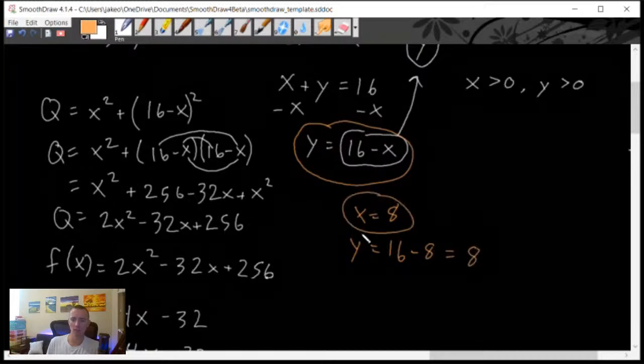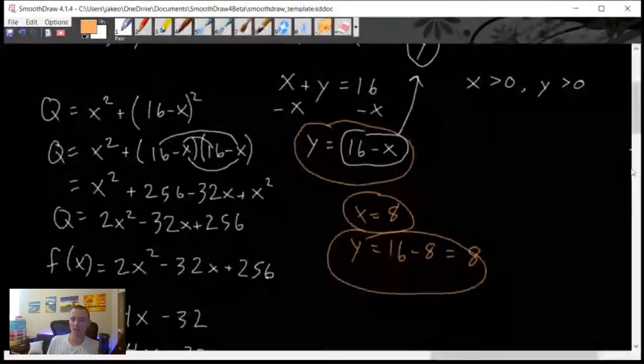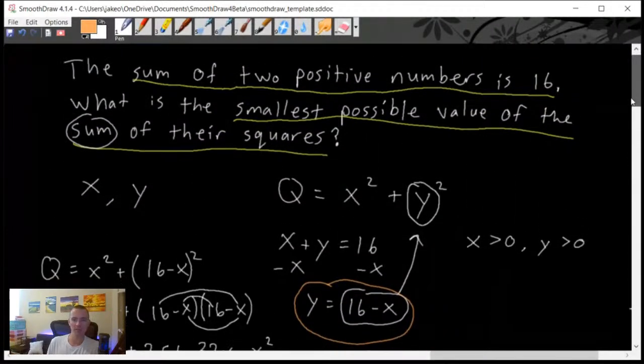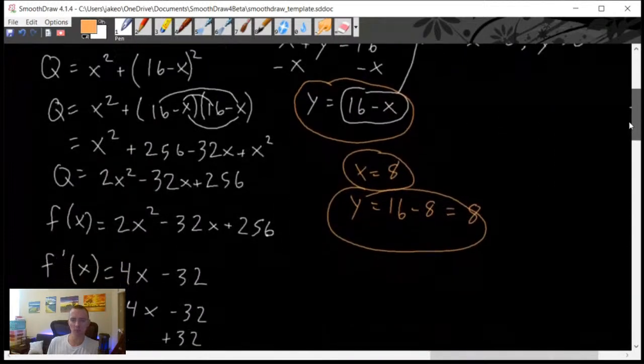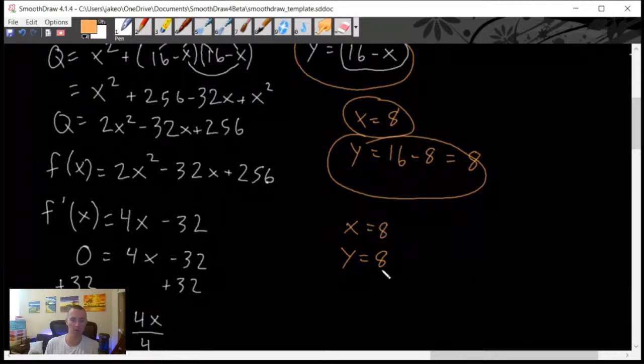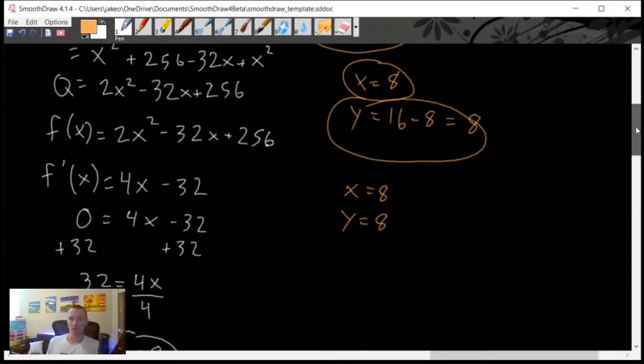So if x equals 8 and y equals 8, their sum is 16, 8 plus 8 is 16, and the sum of their squares is as small as possible. If we picked any other numbers besides x equals 8 and y equals 8 that added up to 16, and then squared them and added them together, the sum of their squares would be bigger than it would be with these. So that is going to be it for this problem.